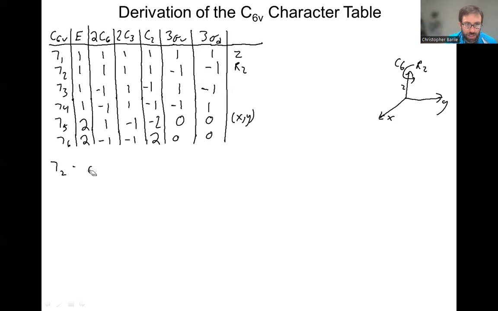So gamma 2 is good. So we know gamma 1 is good, gamma 2 is good, gamma 5 is good. Let's try these two more, and then we'll be set. But usually once all these are working this long, all the other ones are going to fall into place. So you can be pretty sure that this is working at this point.